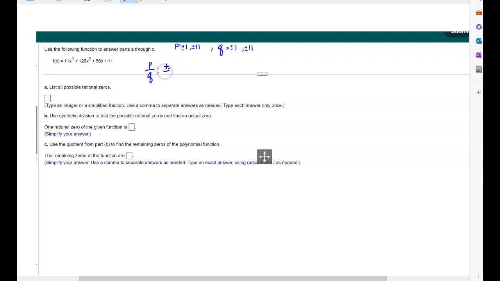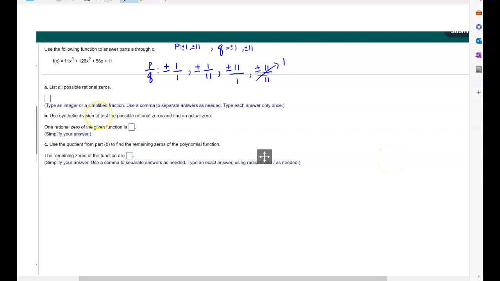Let's write plus or minus 1 over 1, so that will just be 1. And then the other one is plus or minus 1 over 11. Then next, if the numerator is 11, so you have plus or minus 11 over 1, that will just be 11. And the other one is plus or minus 11 over 11, that will just be 1. So that is the same as 1.